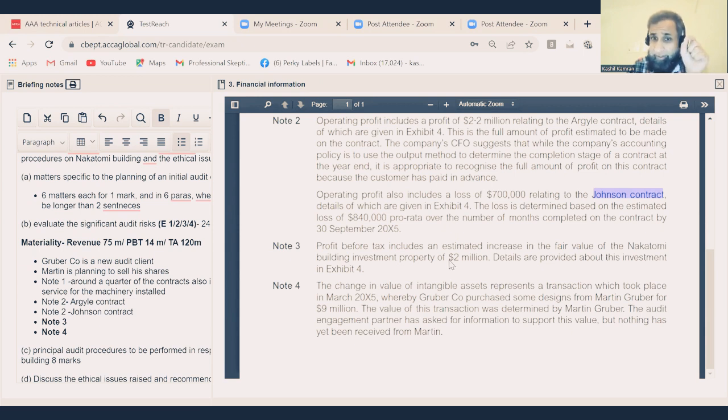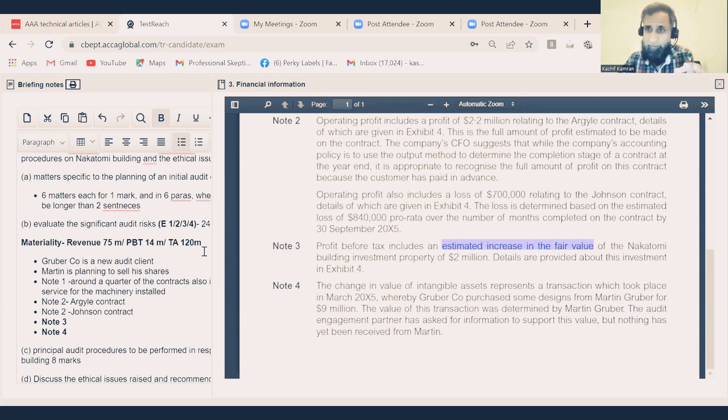But is the fair value estimated? Is it judgmental? Is it a significant audit risk? I think the only thing wrong here is the estimated fair value, which is a risky area. There is a possibility that the fair value has been adjusted upward to give better share prices to Martin. So should we recognize the increase in fair value in the profit? Is that the right accounting treatment for investment properties? Yes.